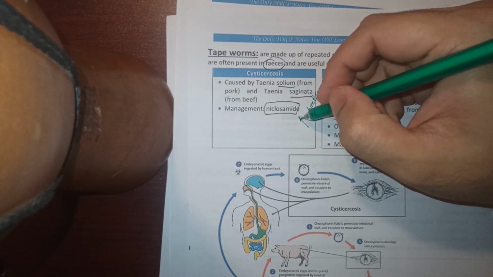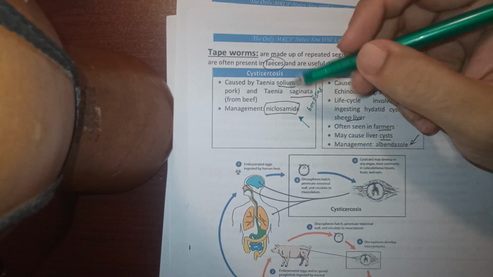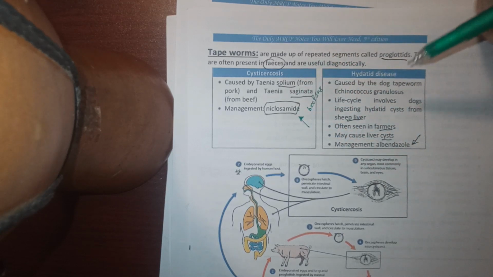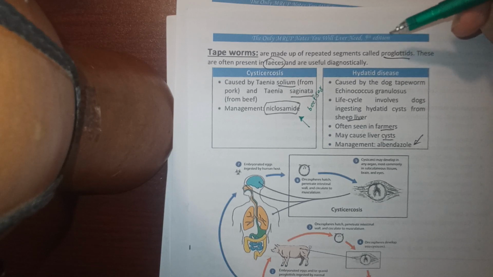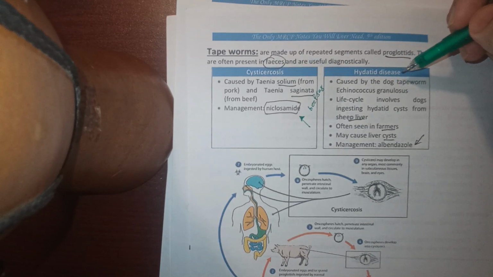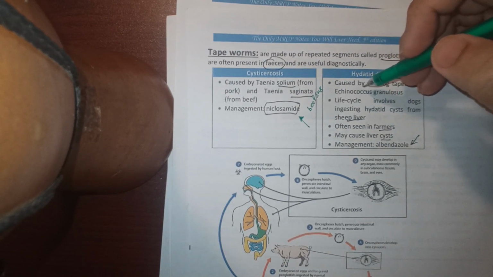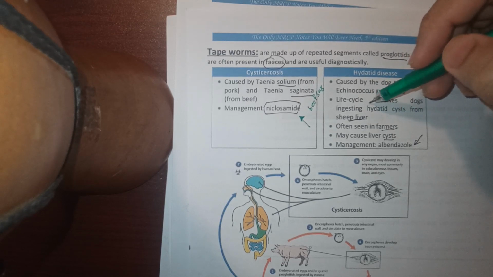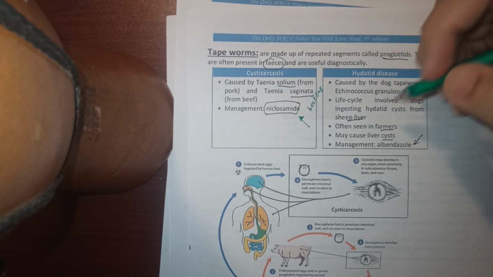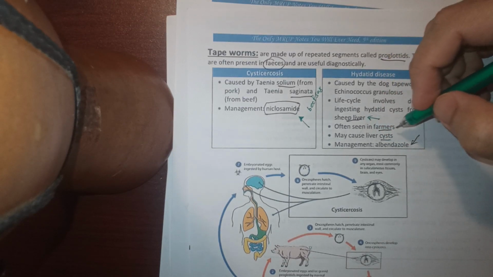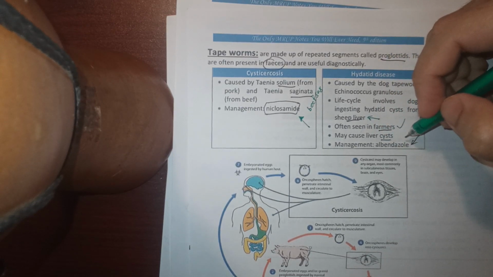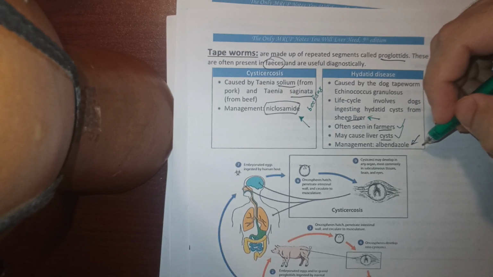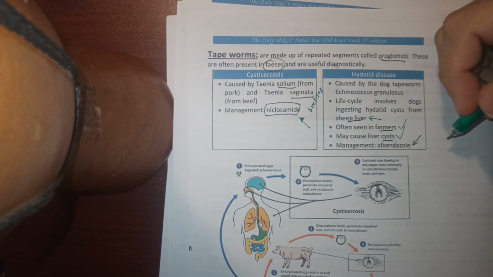Maybe there is an upgrade in the treatment; we have to check on that. And hydatid disease is caused by the dog tapeworm Echinococcus granulosus. Life cycle involves dogs ingesting hydatid cysts from sheep liver. Often seen in farmers, and may cause liver cysts, with albendazole as treatment.